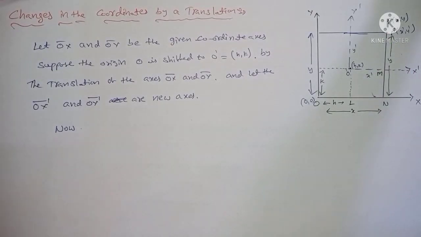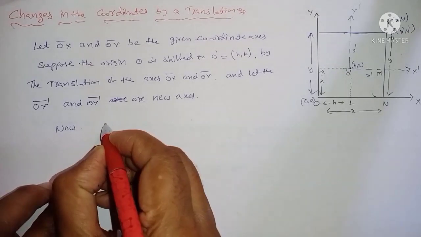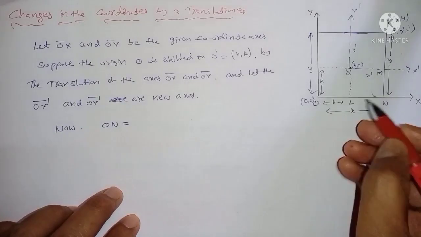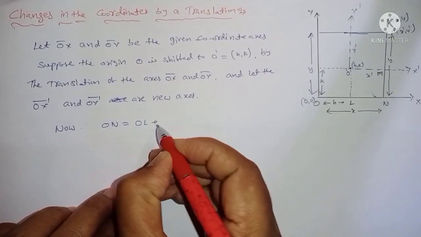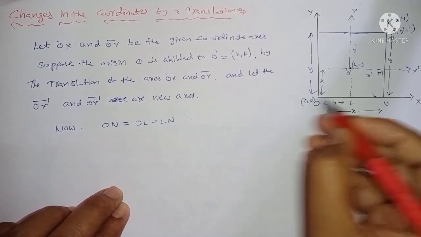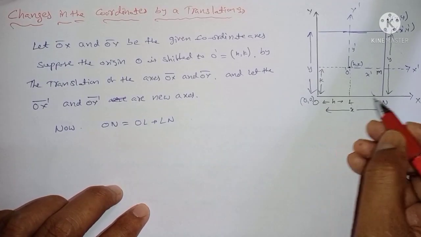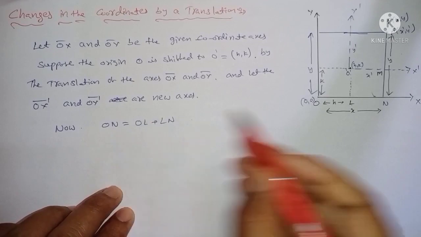Now On is equal to OL plus Ln, clear? Because On is x only.